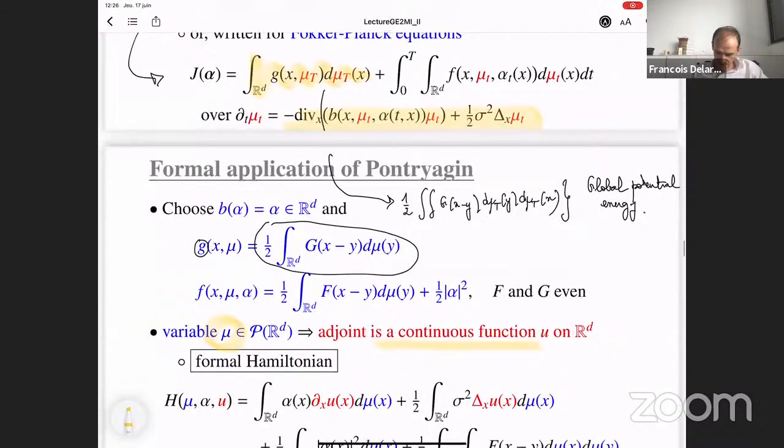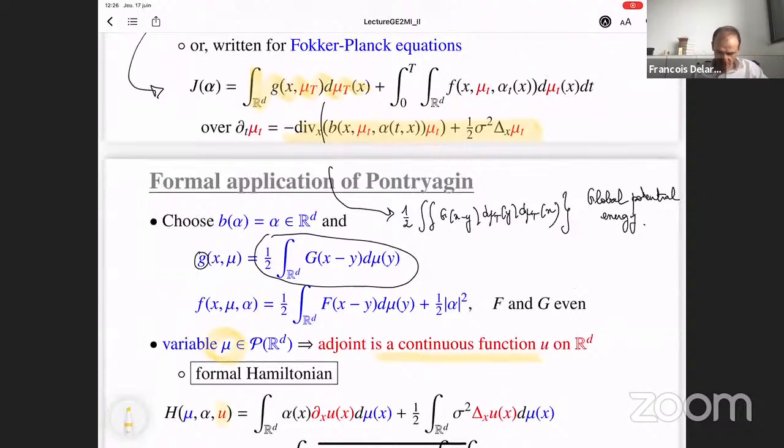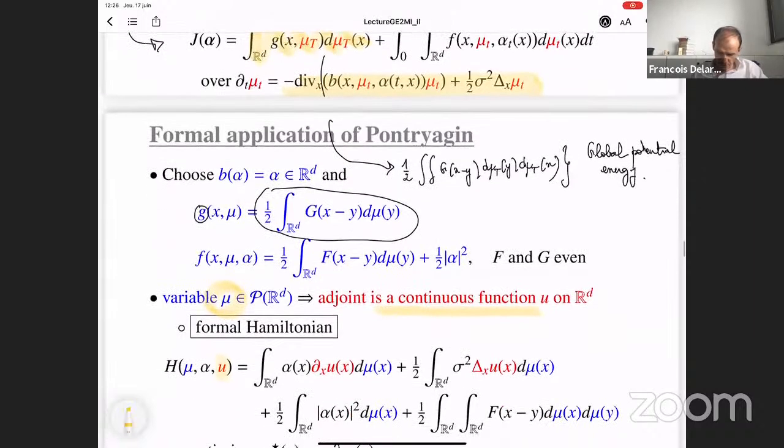So you let your dual variable, a function u, act on the dynamics of the Fokker-Planck equation. And by integration by parts, you get these two terms. This is just a mere integration by parts from the Fokker-Planck equation: I multiply this equation by u and I integrate by parts after integration with respect to mu.